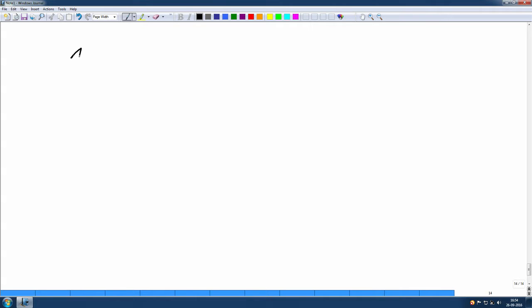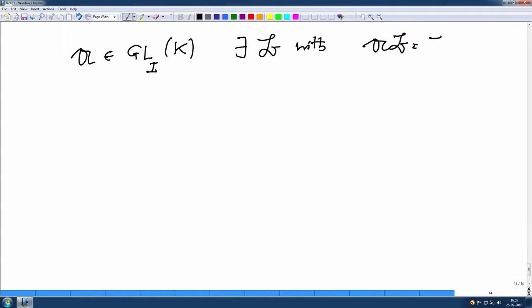Okay, but before that I want to put hands on the calculation with the inverses. So, if A is in GL_I, an invertible matrix, that means there is a matrix B with AB equal to identity and also BA is identity. And you see this B is uniquely determined, unique.